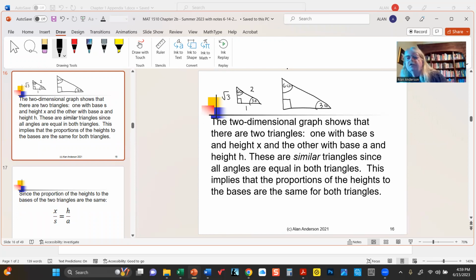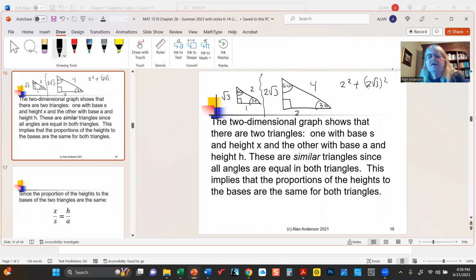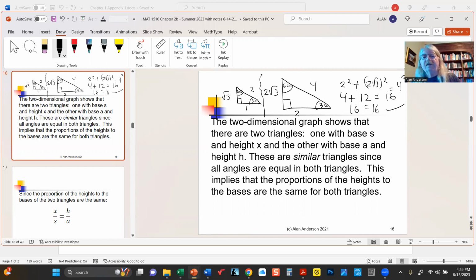Yeah, this is fun. 2, radical 3 and 4. You can tell this is right because remember our old friend, the Pythagorean theorem, tells us that a squared plus b squared equals c squared. Okay, anyway, what is the point of this?